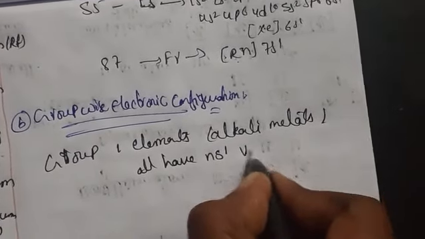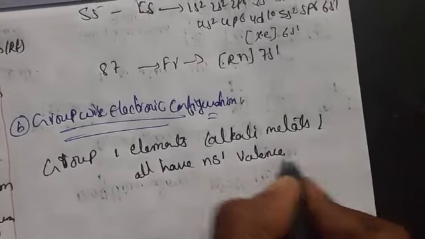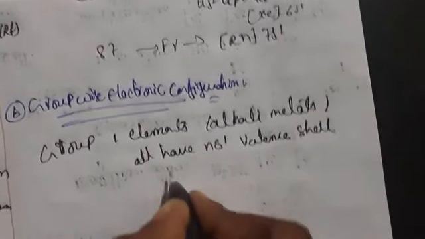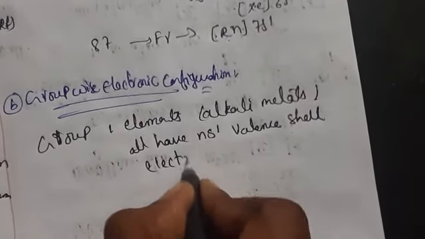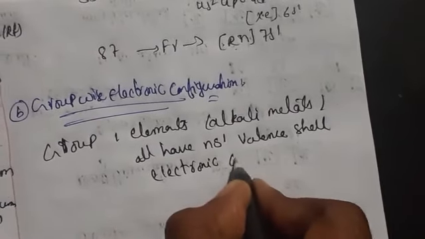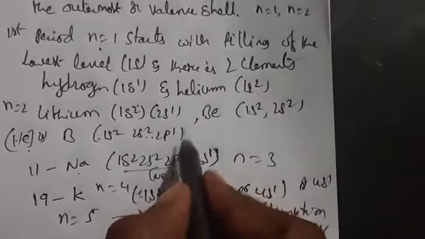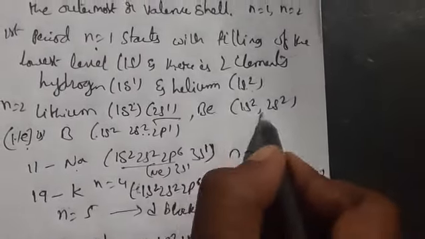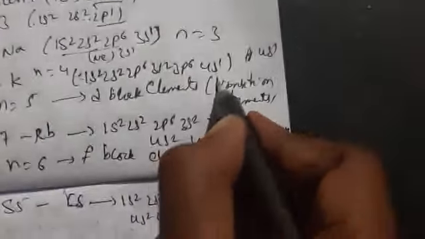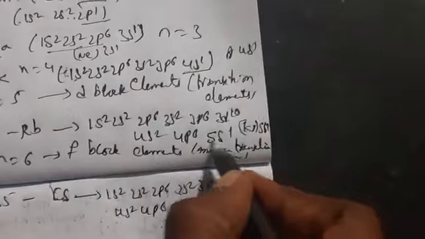ns1 valence shell electronic configuration. If you observe, the valence shell everywhere has the outermost electron in s1.